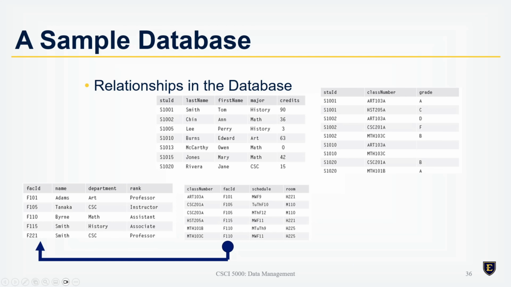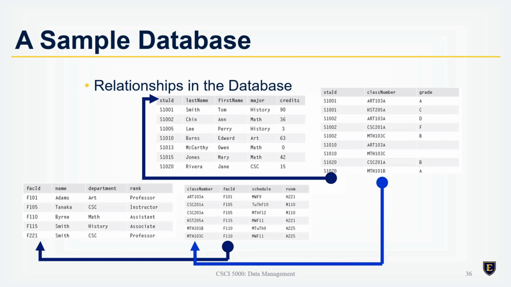We can add the same thing to the enrollment table. So we see the student ID, and we mentioned this F here, so student 1002. If we go and look at 1002, Ann Chin, who's a math major, has made an F in this particular course.